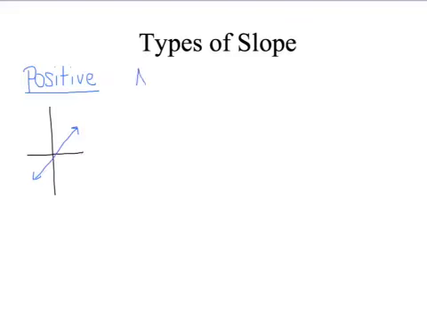Okay, so there are 4 real ways to describe slope. One way, slope could be positive. If you have a positive slope, that means that your line is going to be increasing from left to right. For instance, that line, it's going up from left to right. Slope could also be negative.